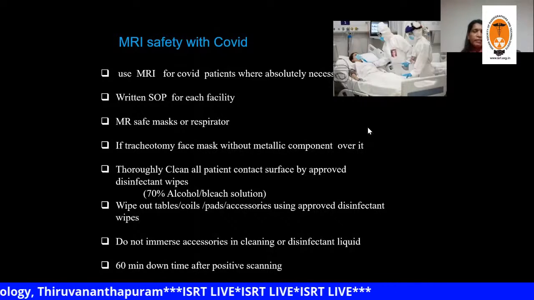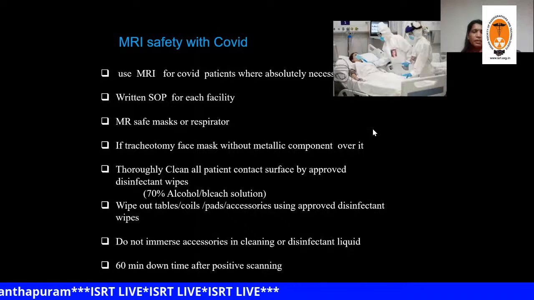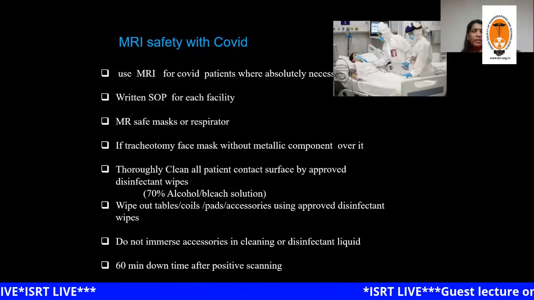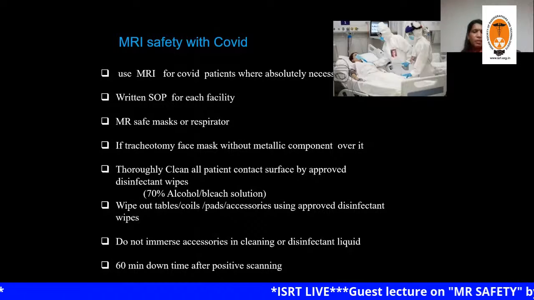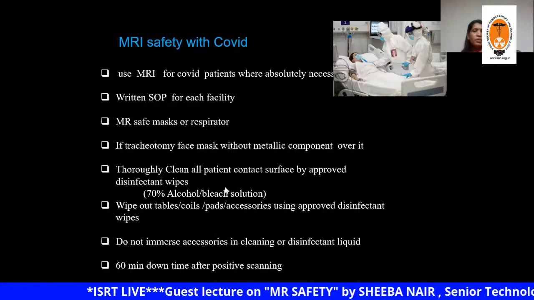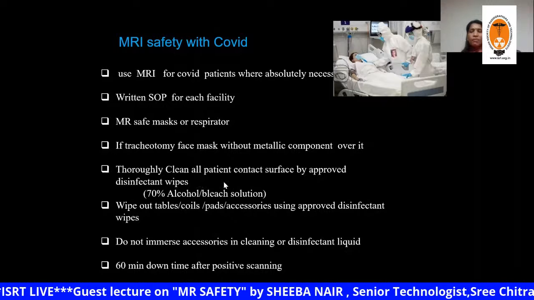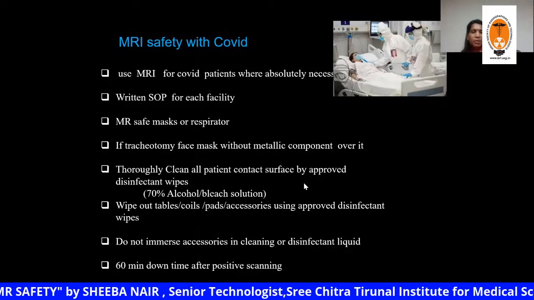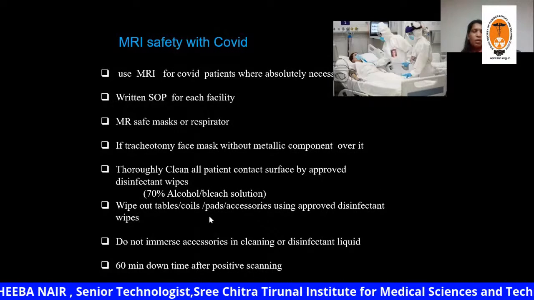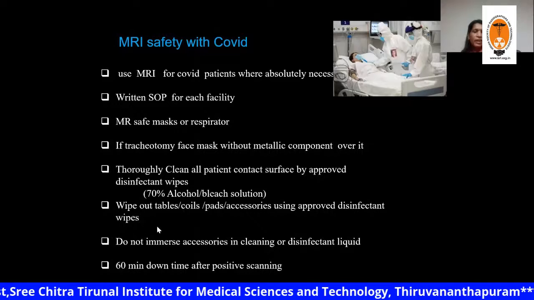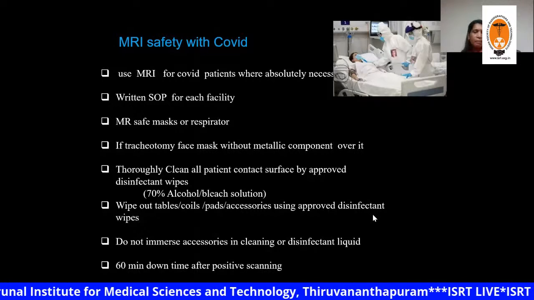If a patient has a tracheostomy, we have to place an MR safe mask over the tracheostomy. After the scanning, we have to thoroughly clean the patient contact surfaces using an approved disinfectant wipe. Usually 70% alcohol or bleach solution can be used to clean the coils, table, parts, and accessories; everything should be wiped with a disinfectant wipe.